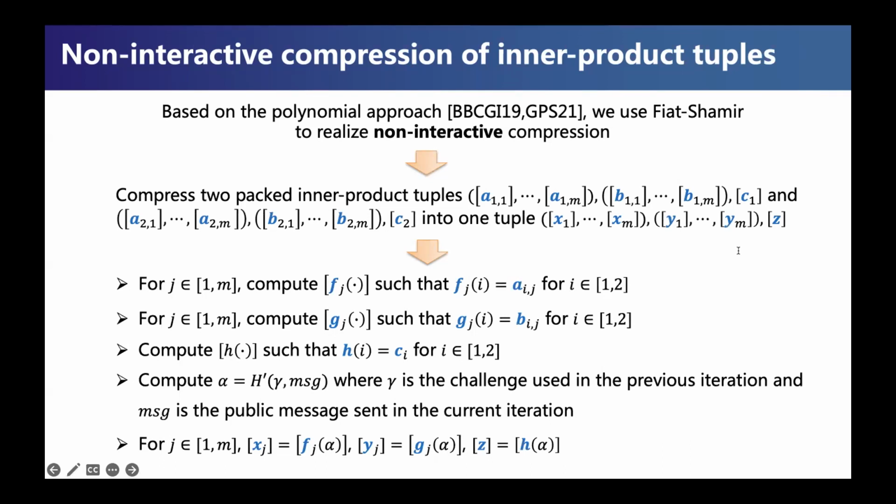Then the parties also compute shares of a polynomial h such that h(i) equals c_i. Then they compute a challenge alpha equal to H'(gamma, MSG). Here, gamma is the challenge used in the previous iteration, and MSG is the public message sent in the current iteration. The shares x_j, y_j, z are defined as the shares of f_j(alpha), g_j(alpha), and h(alpha).